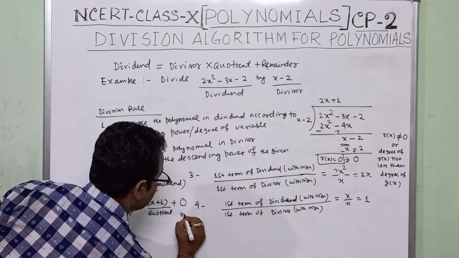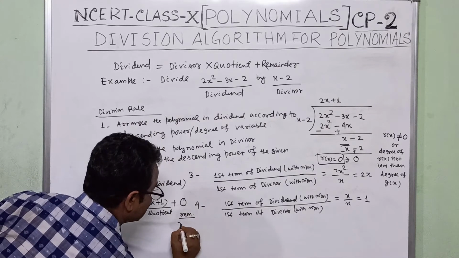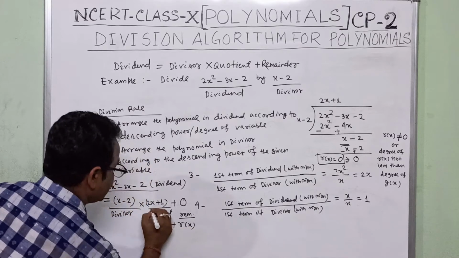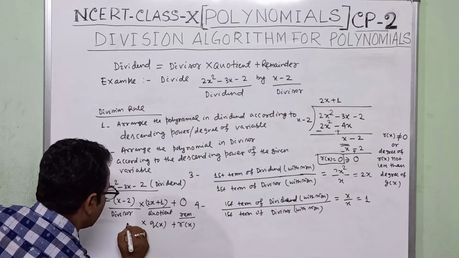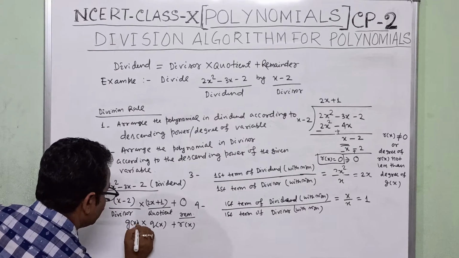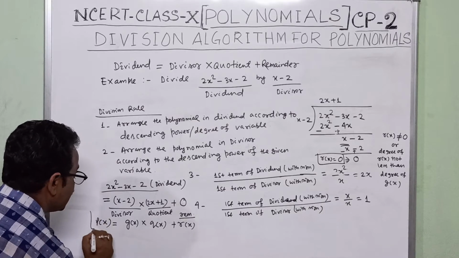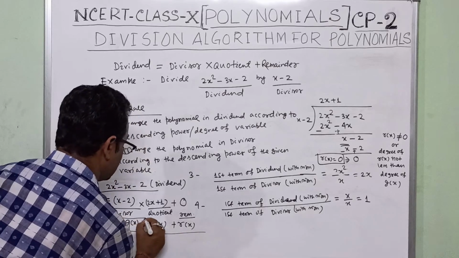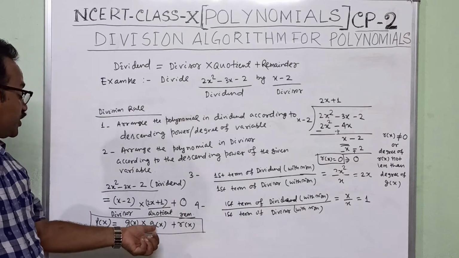This is your remainder R(x), this is your Q(x), this is your G(x), and this is your P(x). So P(x) is equal to G(x) into Q(x) plus R(x).